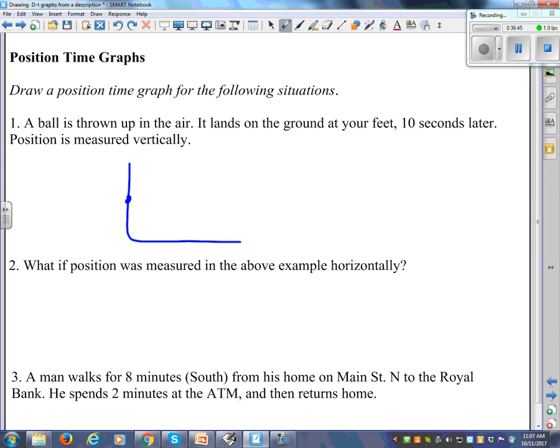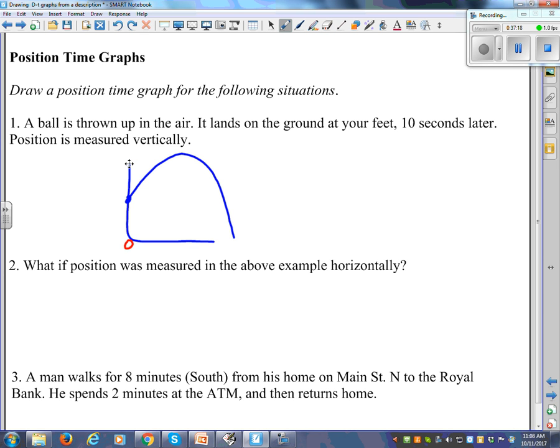As it's going up, doesn't it slow down? How's it at the top? You're right. But remember, it also shows time. If the whole thing takes 10 seconds, then I have to end up there. So it's going to go up into the air, slow down, and then come back down at 10.